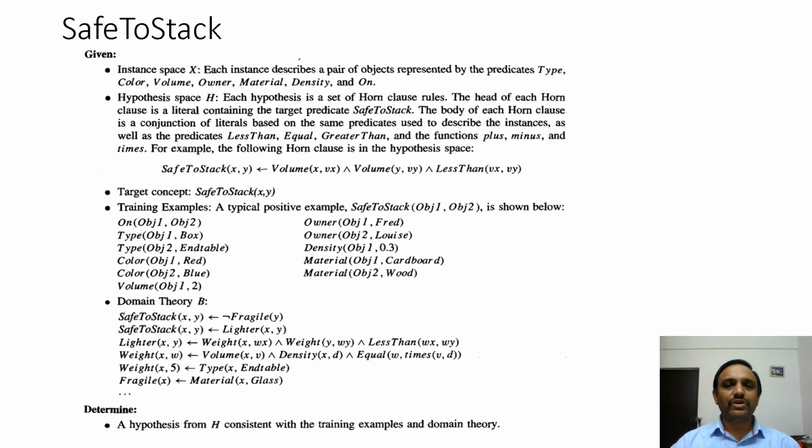To discuss the Prolog-EBG algorithm under explanation-based learning, we are using the safe-to-stack example. In this example, we are designing a system to check whether it is possible to place one object on another object.